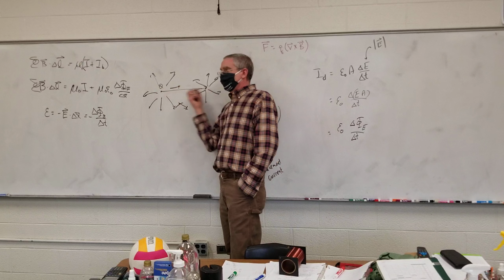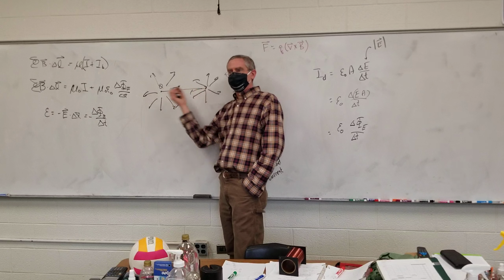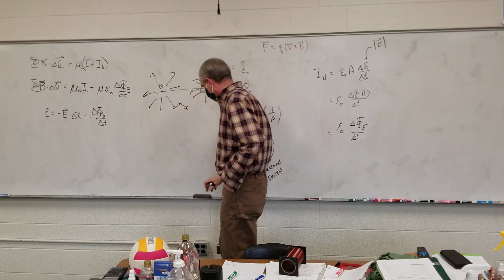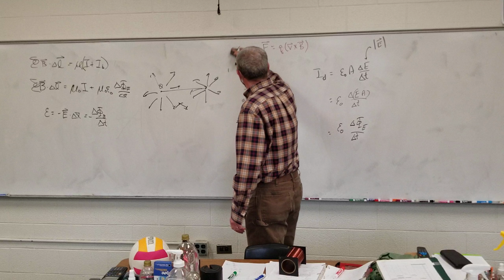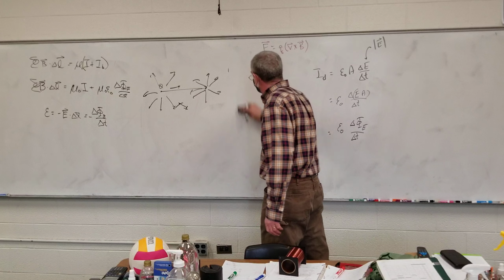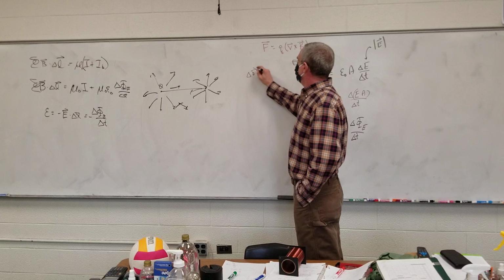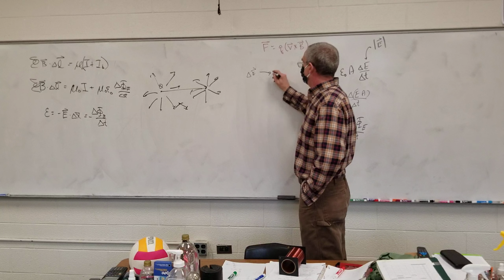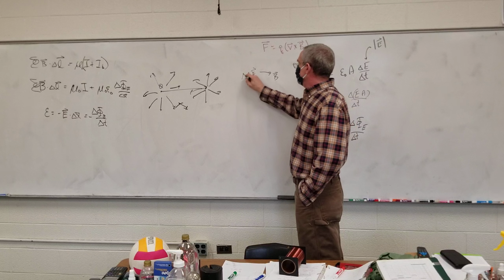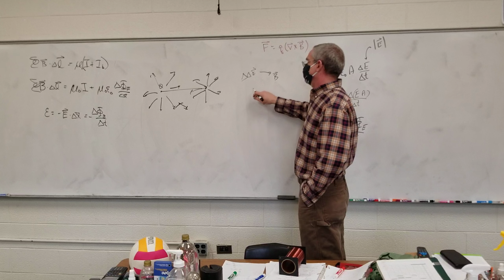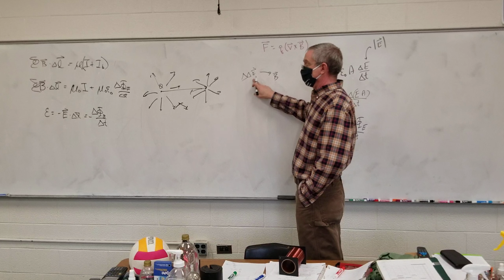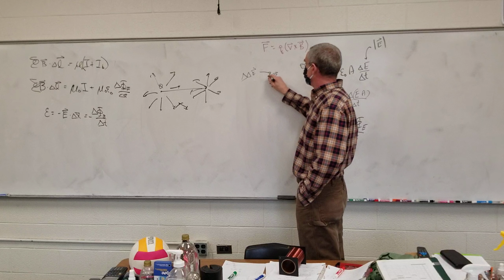Now I take this charge and I just oscillate it back and forth. So my electric field is constantly changing. So the implication: I have a change in electric field, which creates a magnetic field. If I change my change in electric field, so just oscillating back and forth, I'm going to change my magnetic field.